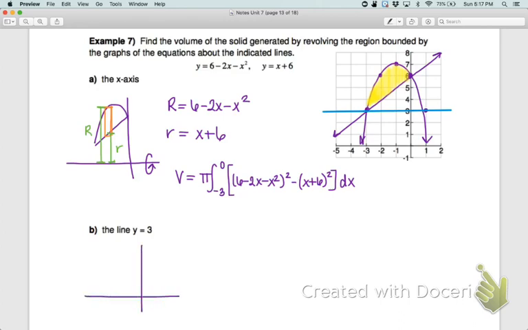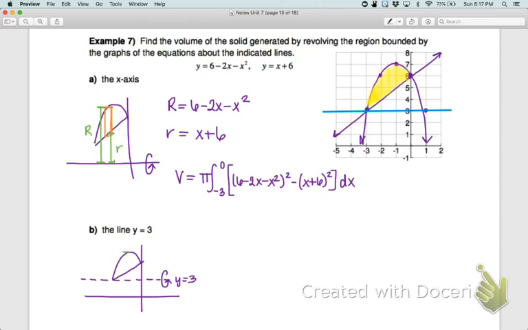So here's what we've got. Again, it's kind of a weird crescent-y looking figure like this. And our axis of rotation is this right here, y equals 3. That is the line where we are rotating. All right, so that makes our radius a little bit different.